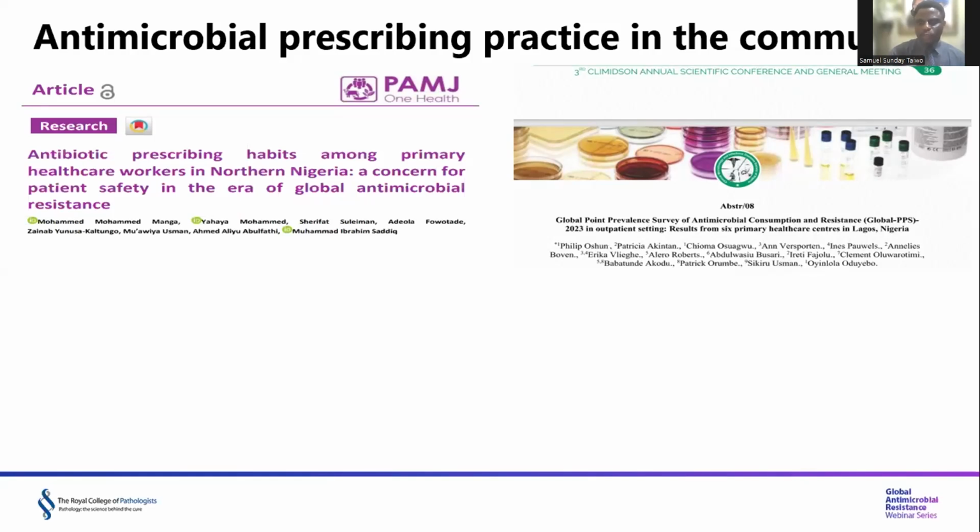The one in the south was also looking at antimicrobial prescribing behavior from the outpatient setting of 6 primary healthcare centers in Lagos, Southwest Nigeria, using the Global Point Prevalence Survey of Antimicrobial Consumption and Resistance, Global PPS. This was done in 2023.